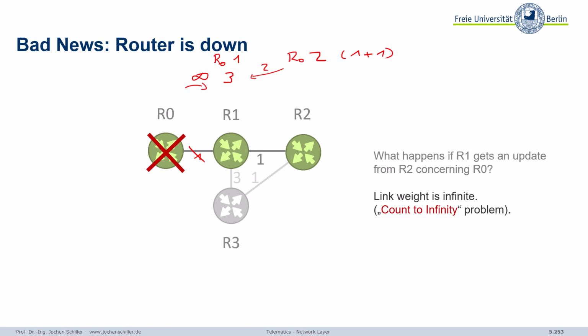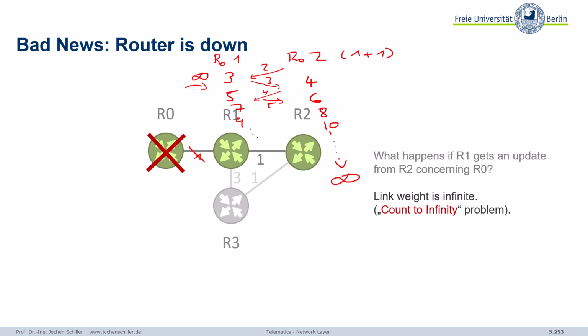Okay, router R2 now knows, because the next exchange says 3, okay, now my distance is 4 because 3 is reported. So I report the 4. Oh, then it's 5. Then it's 6. Then it's 7. Then it's 8. Then it's 9. Then it's 10. And so on. Ad infinitum.